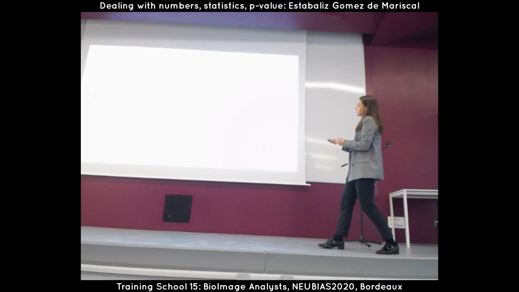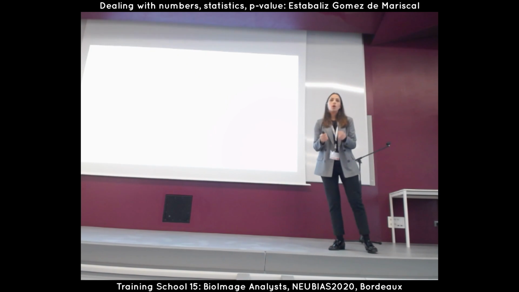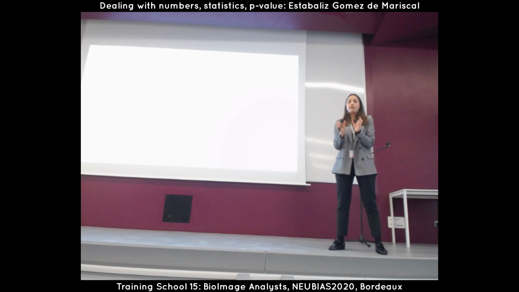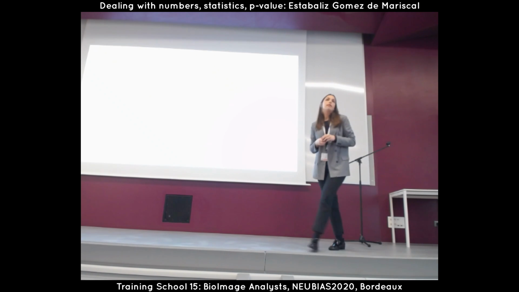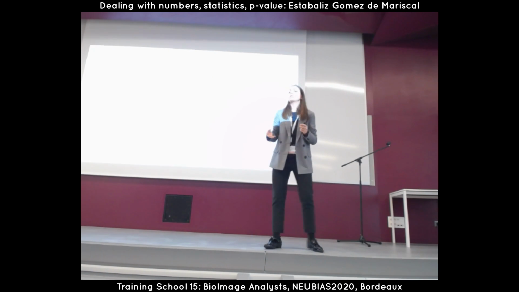Actually, these values here are going to tell you when you are going to have statistical significance, but they are not going to tell you whether that significance is true or not. Maybe there is some effect in your data that you can discard. So let's say you are measuring the weight of people.